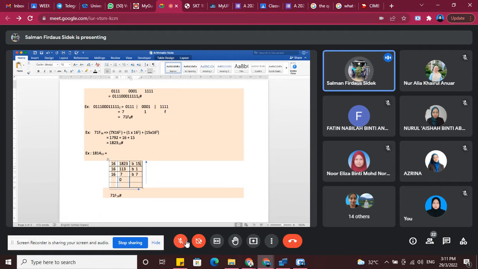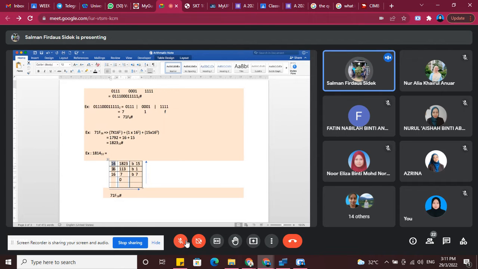Kalau 13 tu carried by C. Kalau 10 carried by A. It is not the real location, susunan tu lah. Why? Because we divide with 16. 16 dekat sini, location ke 16 value? Location. 16 value sebab ni tak termasuk A sampai F. 16 ni value.